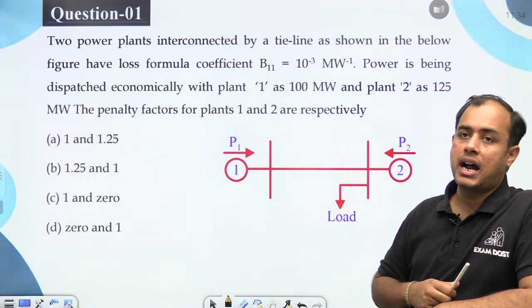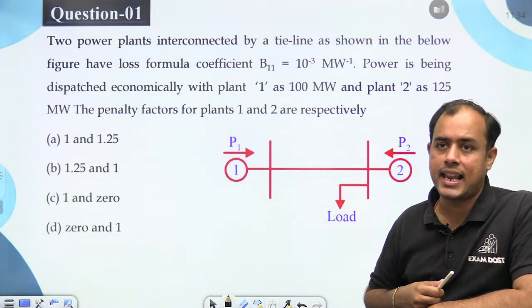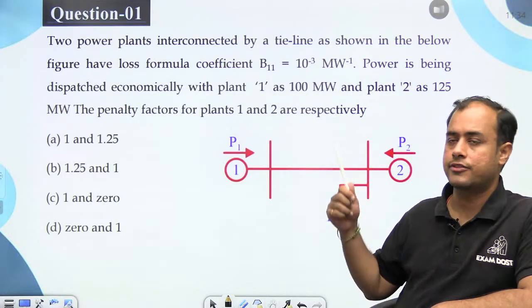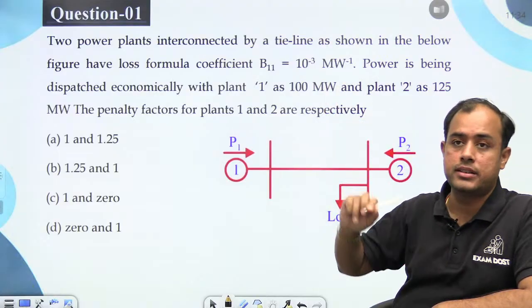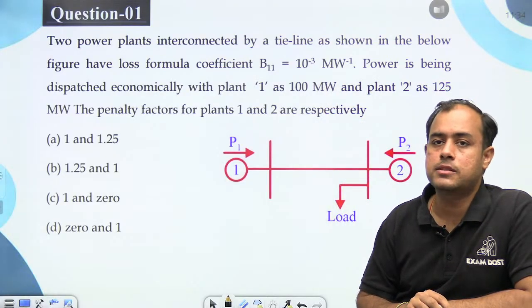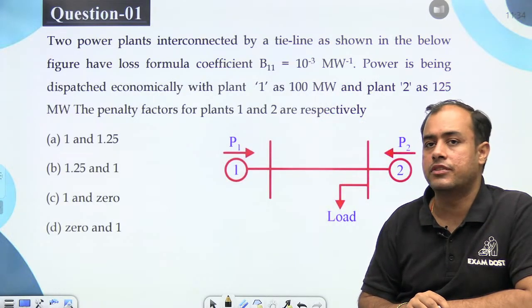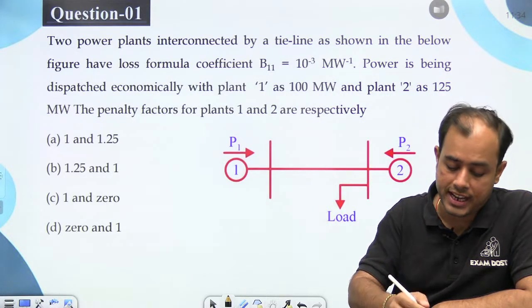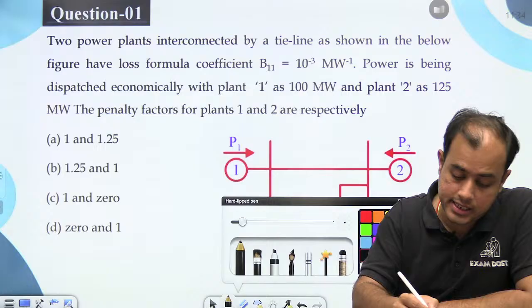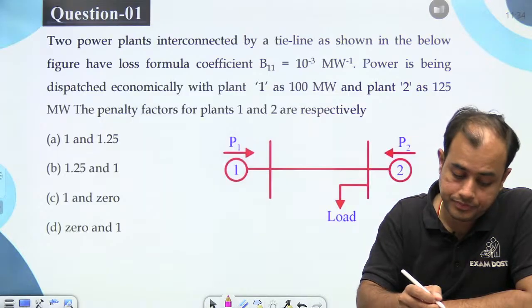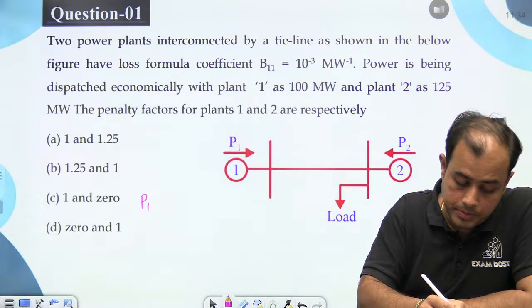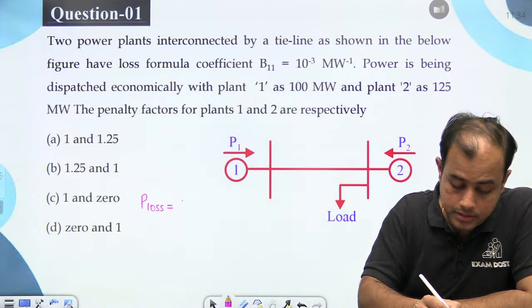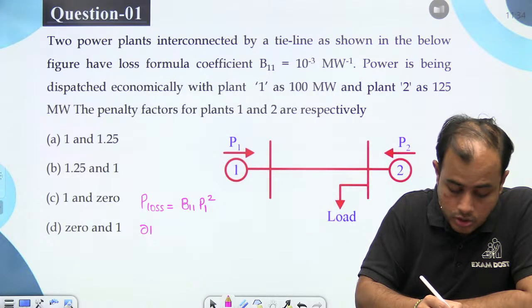The two power plants interconnected by a tie line have the loss formula coefficient B11. Power is being dispatched economically with plant 1 as 100 megawatt, plant 2 as 125. What are the penalty factors? So basically, this is the loss formula.